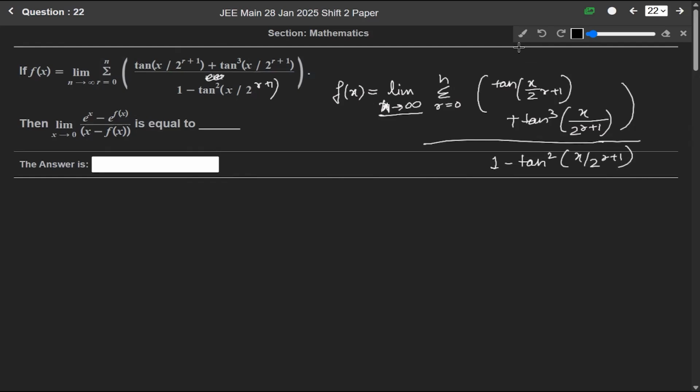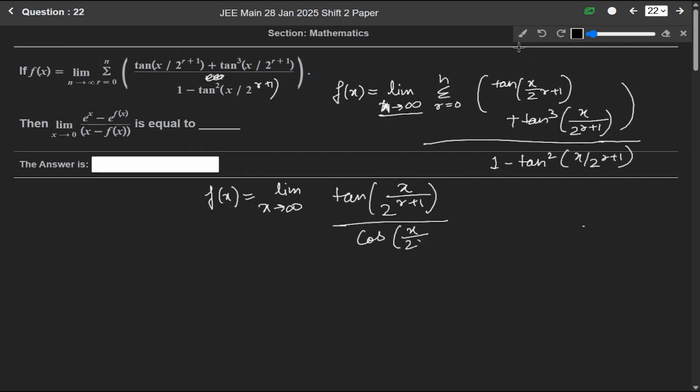So if we talk about the limit x tends to infinity and this function, so it will become tan x over 2r plus 1 over 1 minus tan square, that means cos x over 2r.